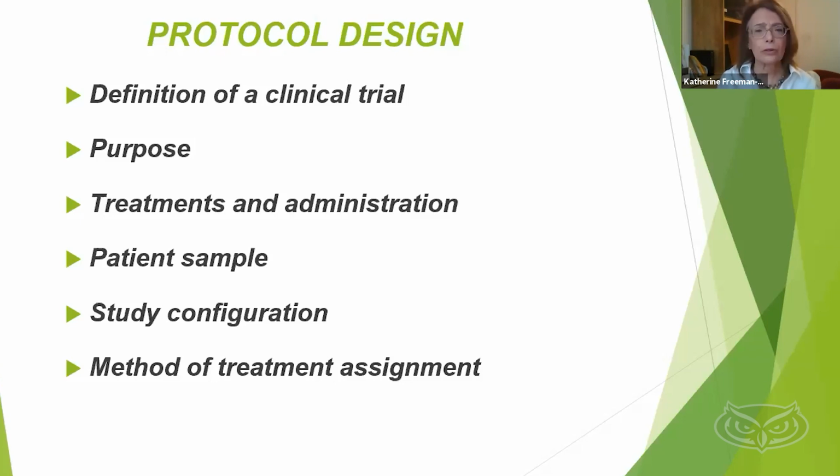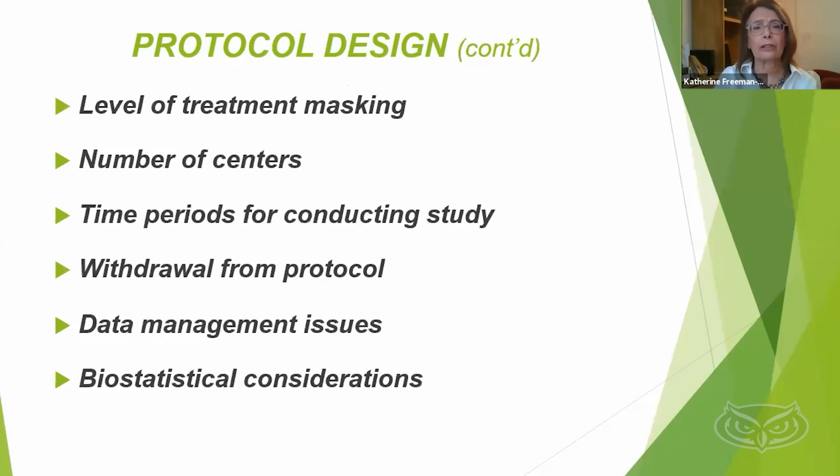Most important thing in research, if people have heard me before, is the research question. We're going to talk about the interventions, treatments, and how they're administered, definitions of the patient sample, study configuration, and methods of assigning patients to different treatment arms. Masking, which is a way of avoiding bias in terms of assigning people to different treatments and evaluating their comorbidities and outcomes, and behavioral assessments.